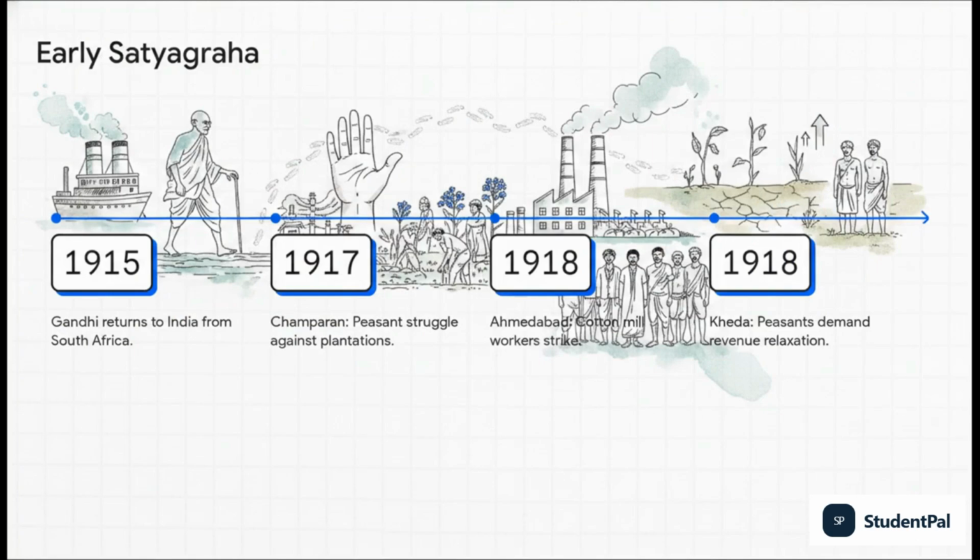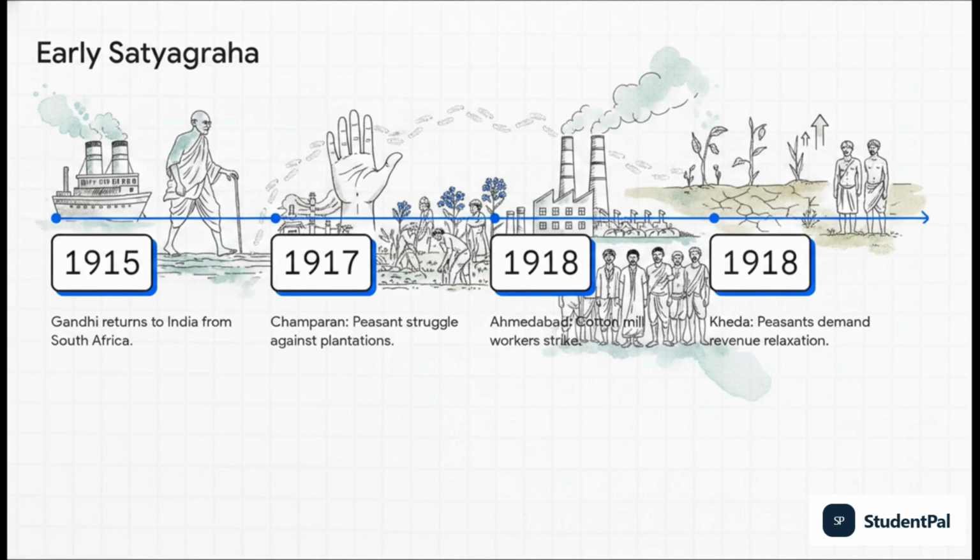Now, after arriving in 1915, Gandhi didn't just immediately launch a giant national protest. He was strategic. He tested Satyagraha locally first. In 1917, he traveled to Champaran in Bihar to inspire peasants who were struggling against an incredibly oppressive plantation system. Then, in 1918, he went to Ahmedabad to organize a successful movement among cotton mill workers.